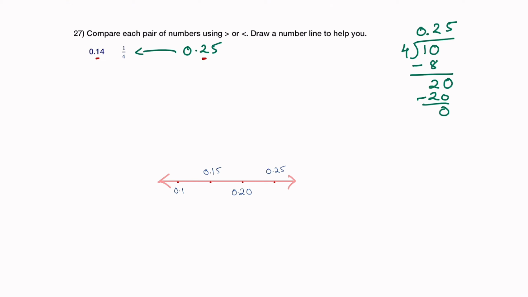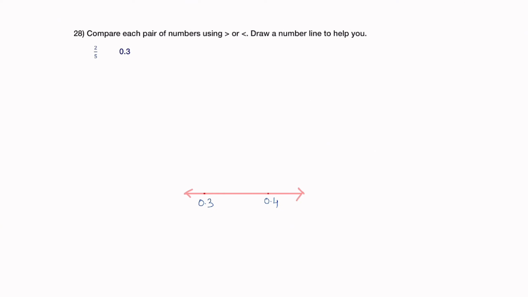So which one is bigger, 1 or 2? 2, right? So this is the symbol. So 0.1 is here. Do you see? And 0.25 is here. So 0.1 is here and that's 0.15. So 0.14 would be somewhere here, right? So you know which number is greater and which one is smaller.